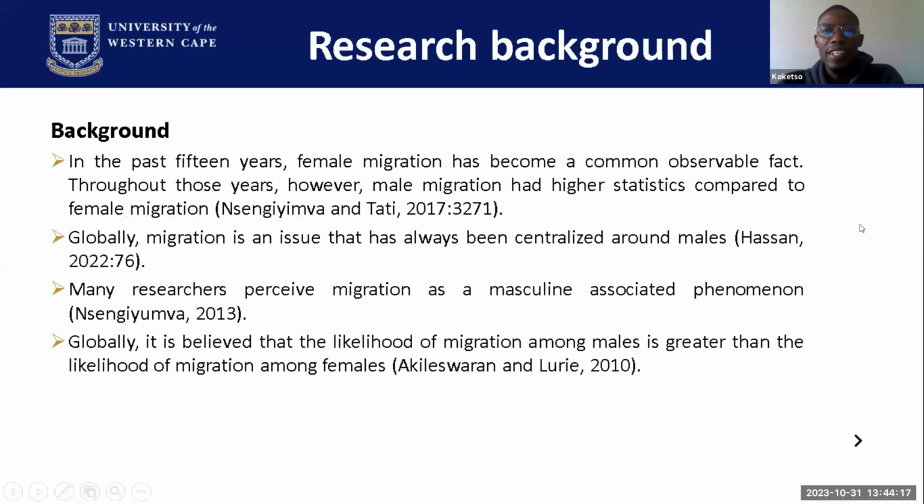In the past 15 years, migration has always been associated with males. It has always been seen to be a male phenomenon. So there are not enough studies on female migration, and it's a global thing, not only in Africa.